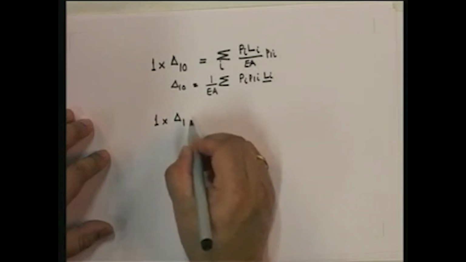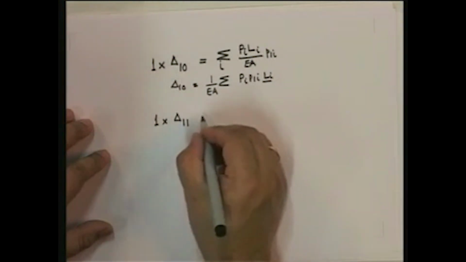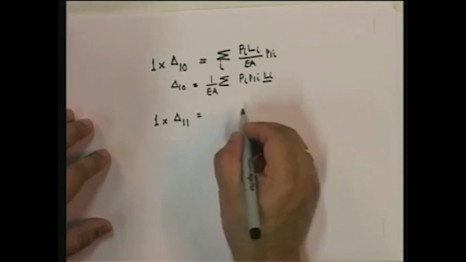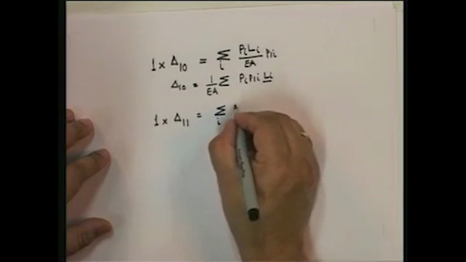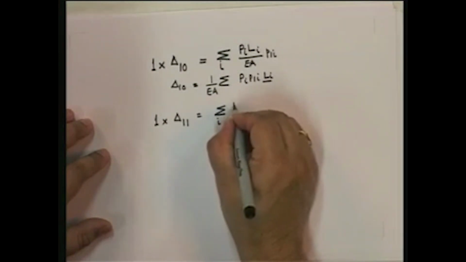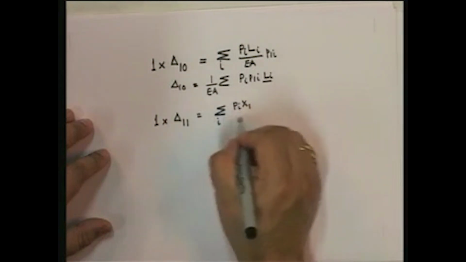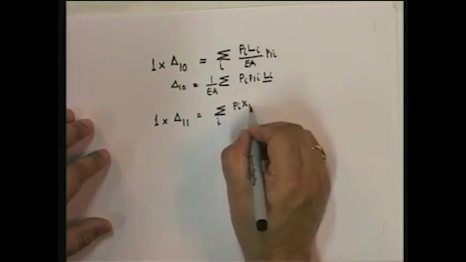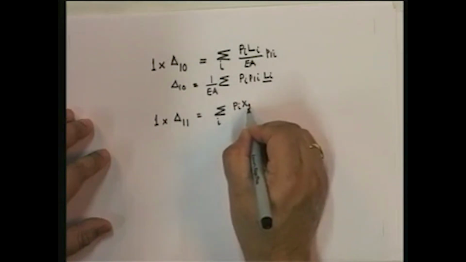Delta 1 due to x1 is going to be equal to, let's look at it. Here the real load is P1 x1, because P1 x1 gives me the forces in all the members due to the real load x1.